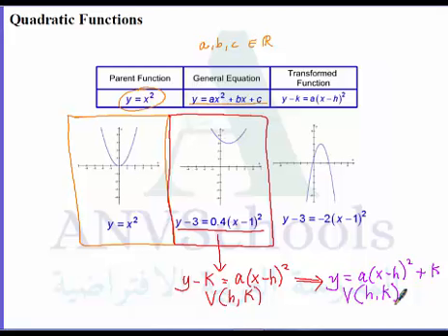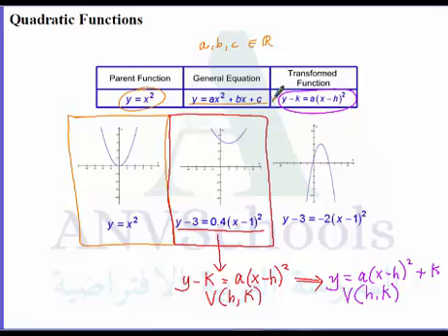The transformed function of your quadratic function is y minus k is equal to a(x minus h) squared, and that defines your vertex (h, k).